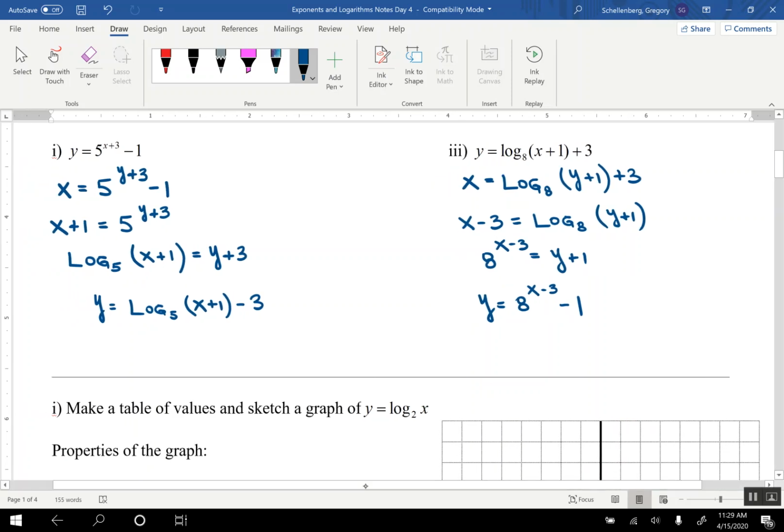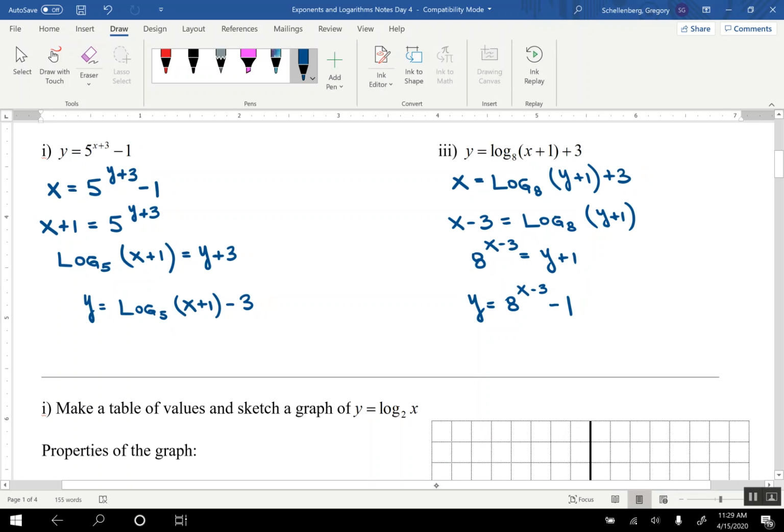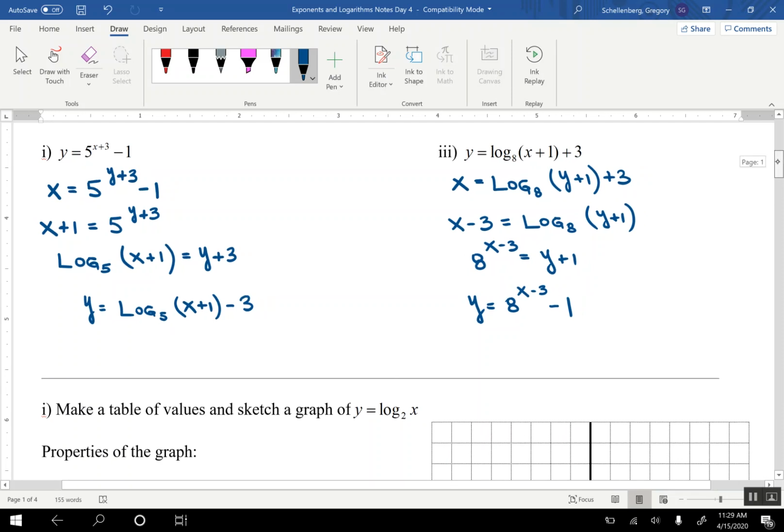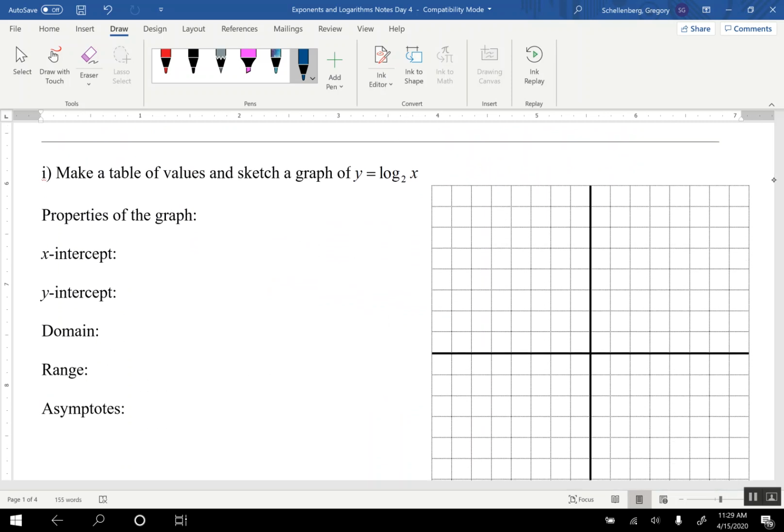Okay, next, make a table of values and sketch a graph of y equals log base 2 of x. Okay, so this is one of our basic logarithmic functions, and we want to know, what does the graph of it look like? Well, the easiest thing for us to do would be to use the exponential form of the logarithm.